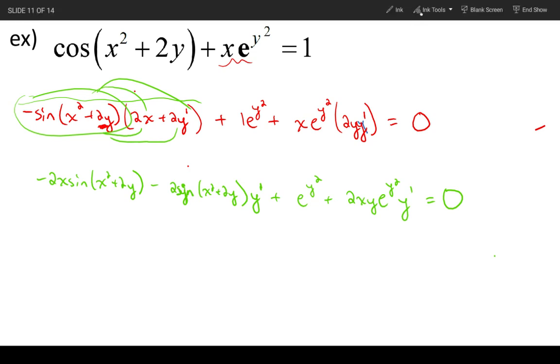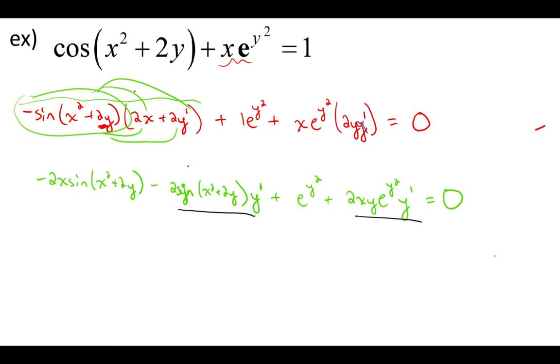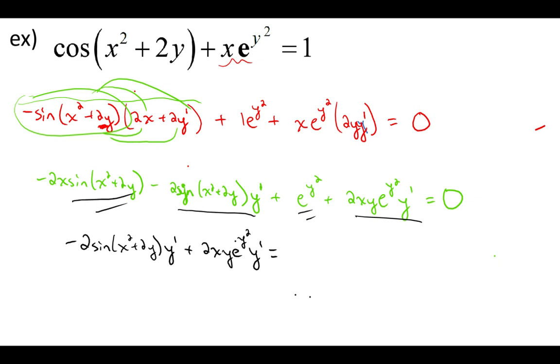Then I want to get all my y primes on the left side. So I'm going to keep this term and this term on the left side. So I have minus 2 sine of x squared plus 2y, y prime, plus 2xy e to the y squared y prime equals, and I need to move this one to the right and this one to the right.